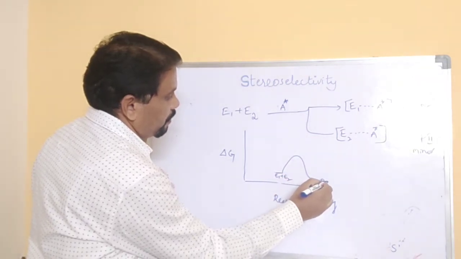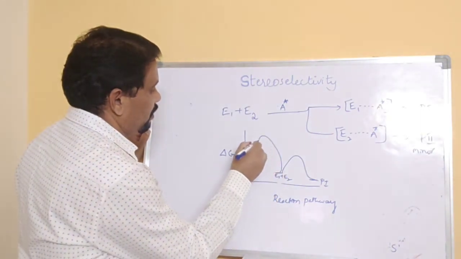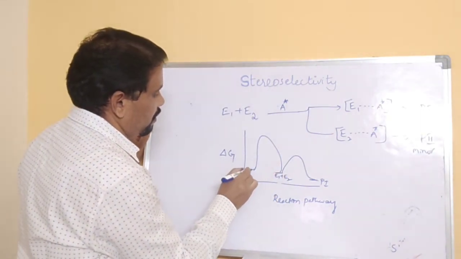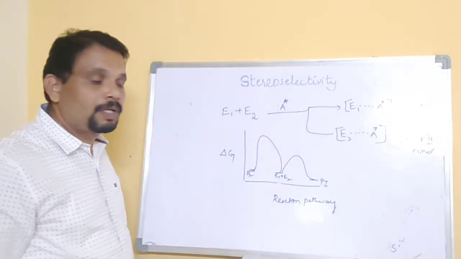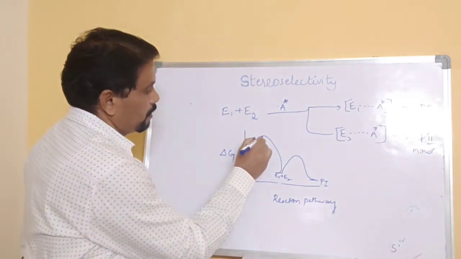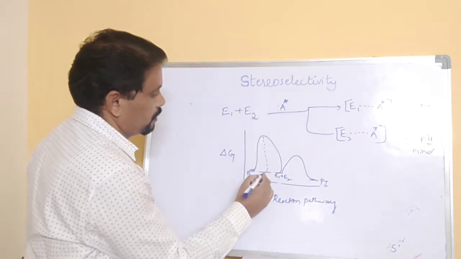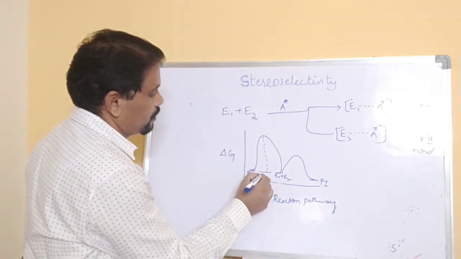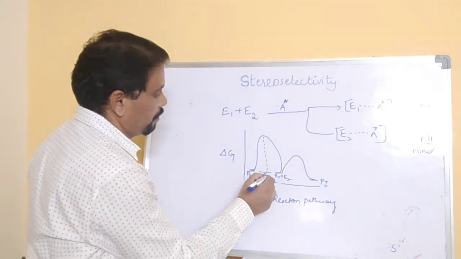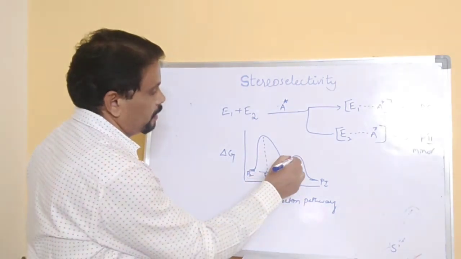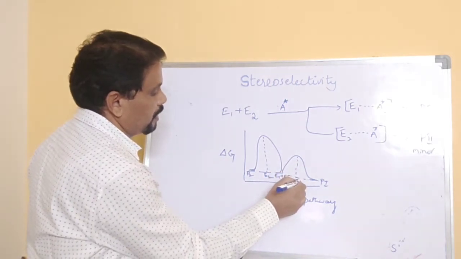This is the P1 product, and this is the P2 product energy level. So the difference between these, this is the transition state energy level, and this is the transition state of P1.